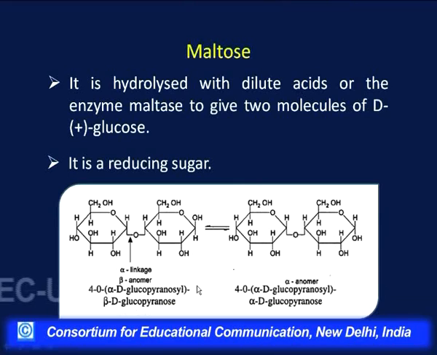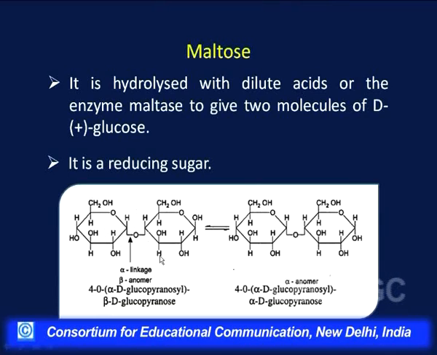We name this disaccharide by taking the one monosaccharide which has its anomeric carbon open as glucose or as monosaccharide. It may be glucose, fructose or whatsoever it is, and the other one as glucoside. So, this will be named like this, right.